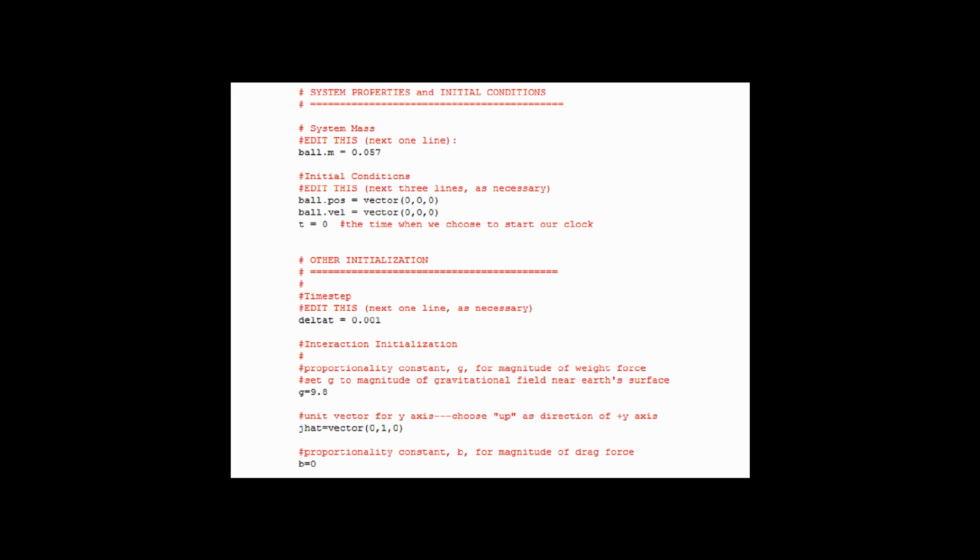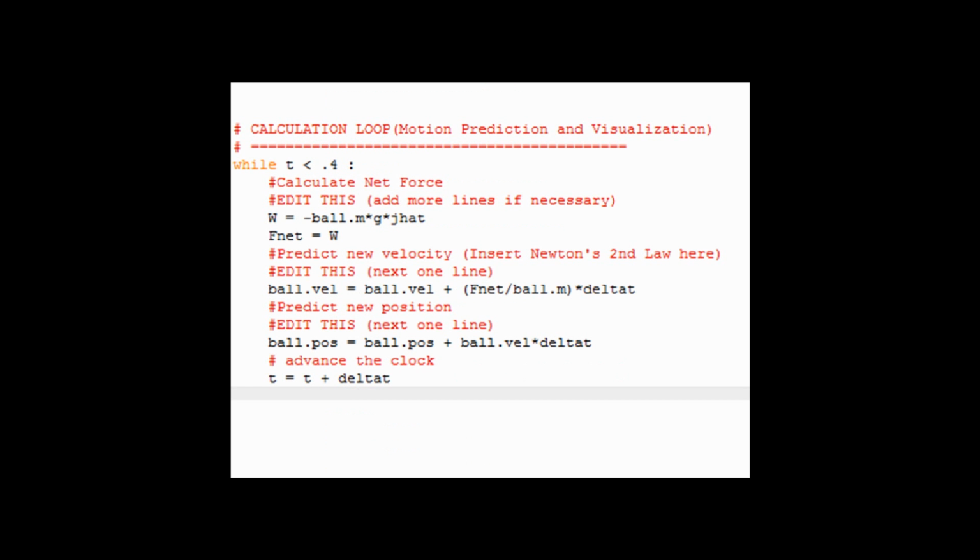G is the gravitational constant used in the equation to determine the force of gravity. J hat is a unit vector that points in the positive y direction. B, the proportionality constant for drag force, is 0 in this model because we are only considering the effect of the weight force. Here is the while loop where we are considering t less than 0.4 seconds.